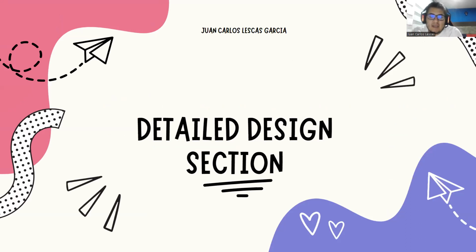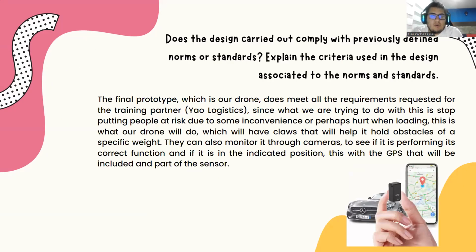The detail design section. Does the design comply with previously defined norms or standards? Explain the criteria used in the design associated to the norms and standards. The final prototype of our drone does meet all the requirements requested for the training partner of social formation, which is logistics.